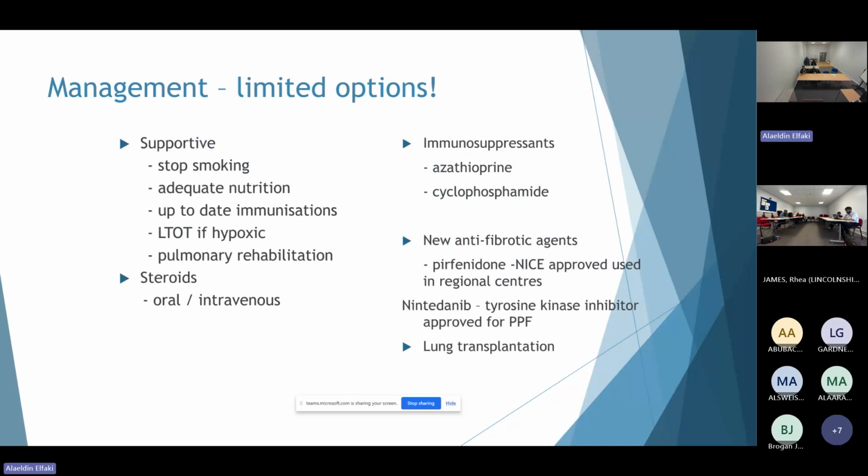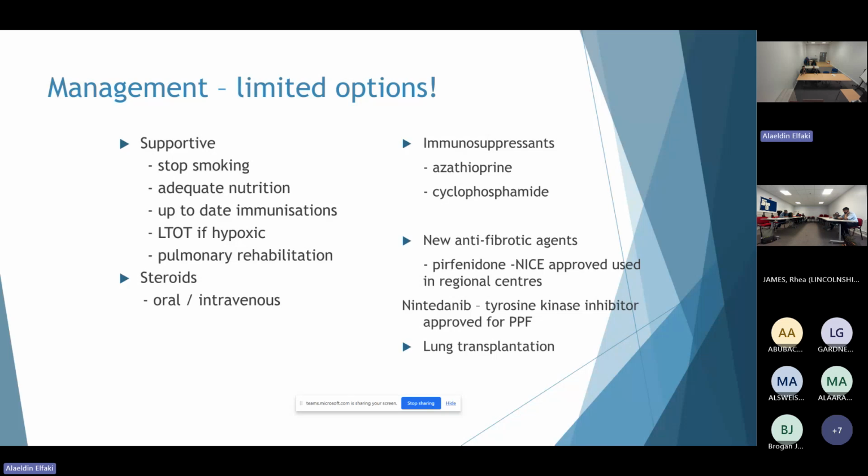So management of lung fibrosis, IPF, is generally supportive. Stop smoking, or if the patient has any inhalation injuries, you need to stop exposure to the possible causative agent.